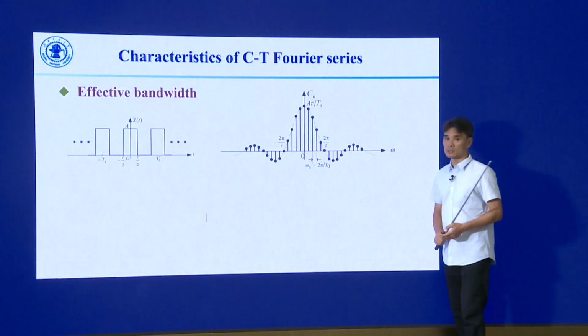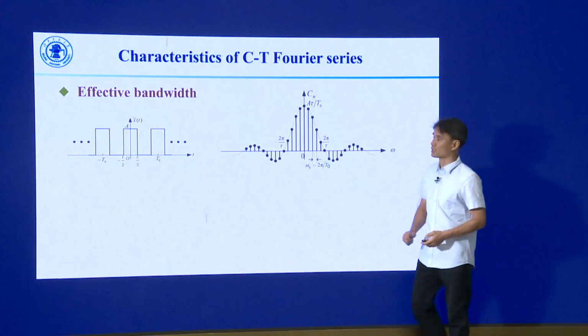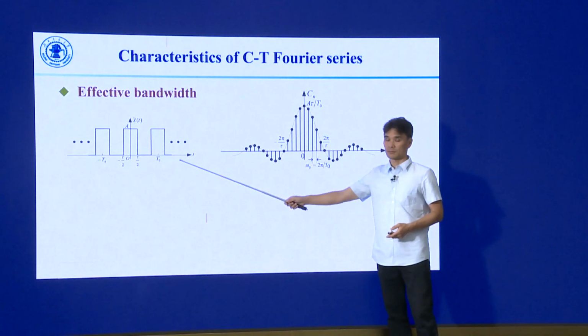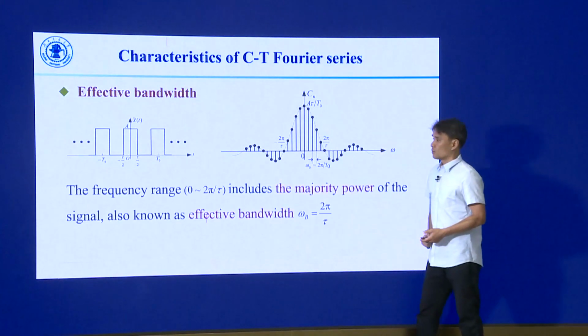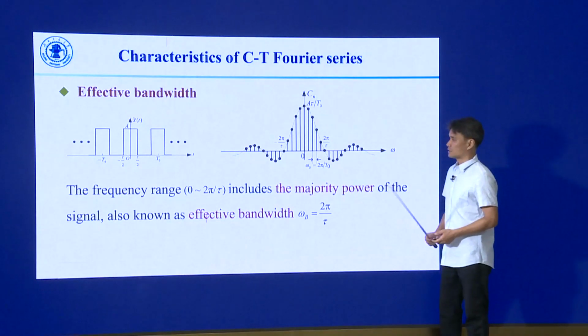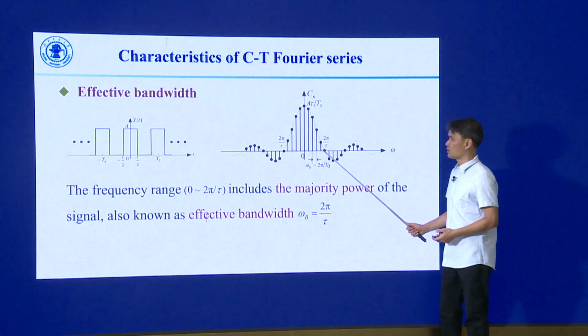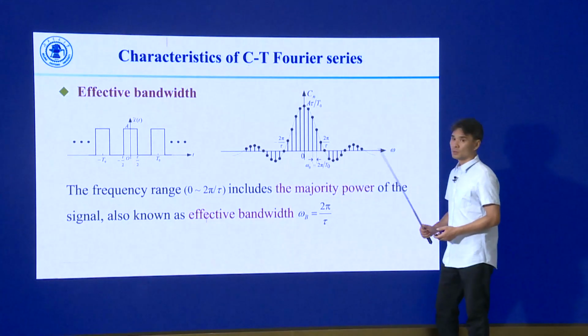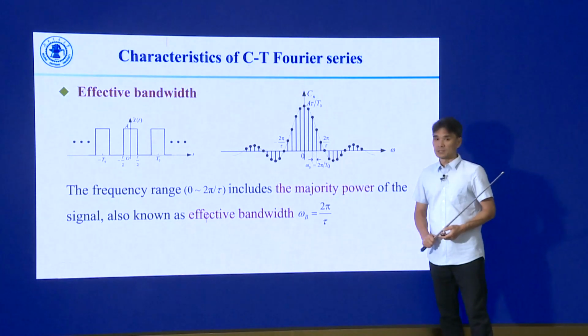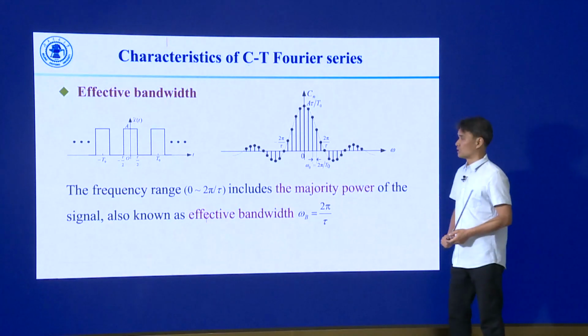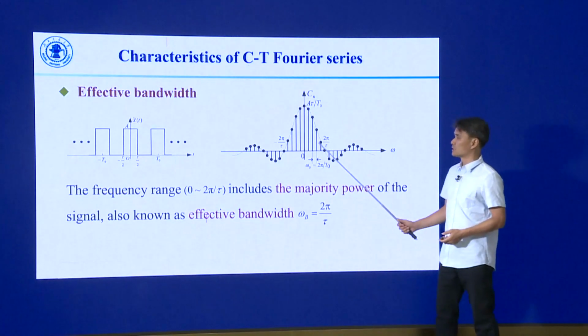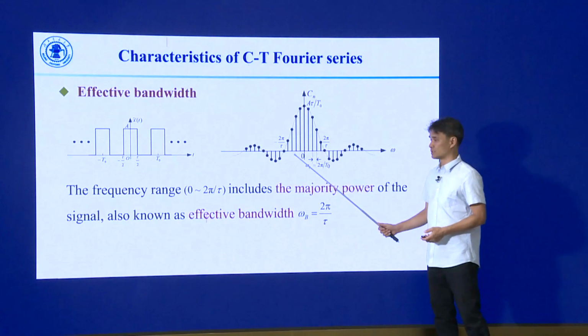The third is specific to periodic rectangle signals. We can identify that in the range between 0 and 2 pi over tau, the majority of the power of the signal actually happens in that region.